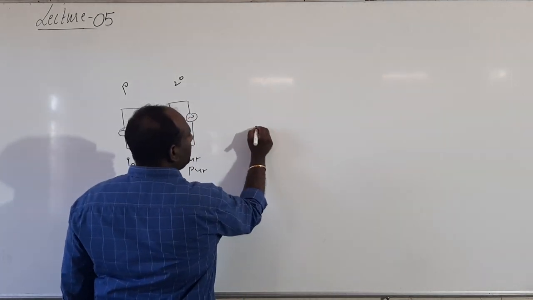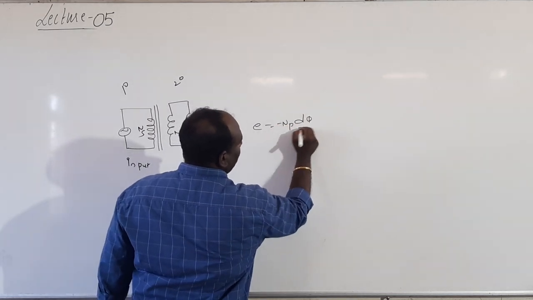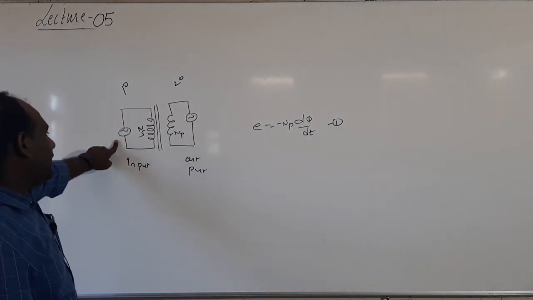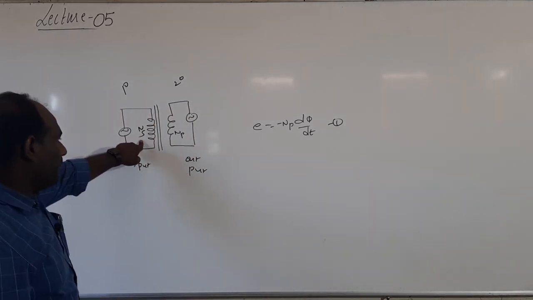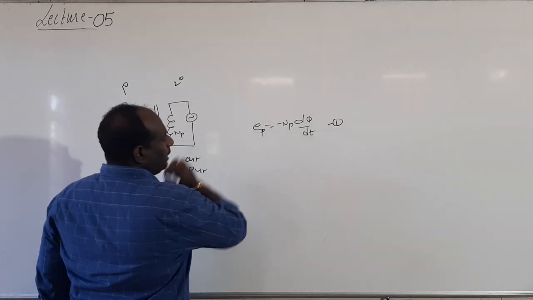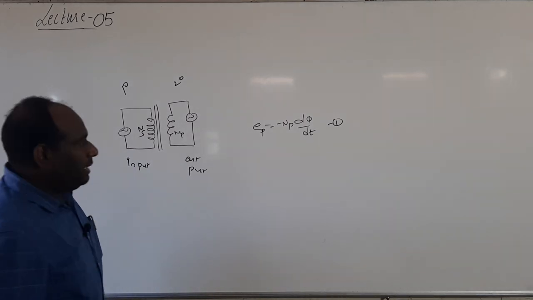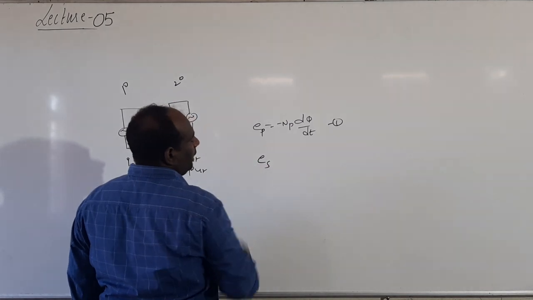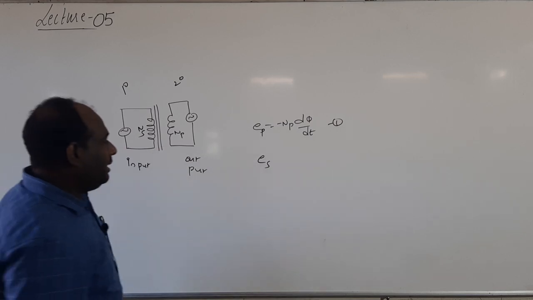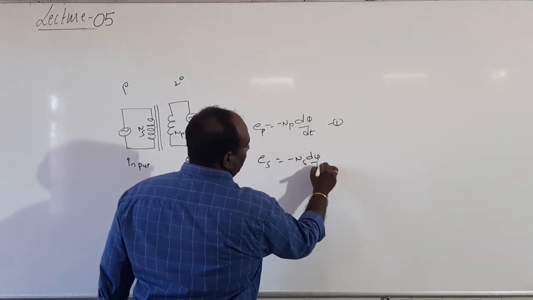If you send an alternating current through the primary coil, then the induced EMF across the primary, Ep, is equal to minus Np into d phi by dt. Because of the variation of current in the primary, the induced EMF in the secondary, Es, is equal to minus Ns into d phi by dt.